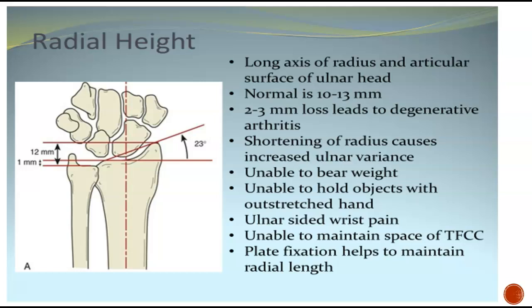We'll also have a painful wrist extension, and we'll also have pain during any kind of weight-bearing activities. And finally, you will also note with ulnar impaction, ulnar-sided wrist pain in most of these folks.